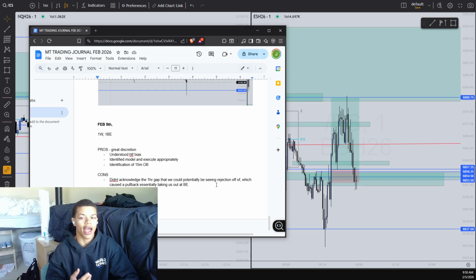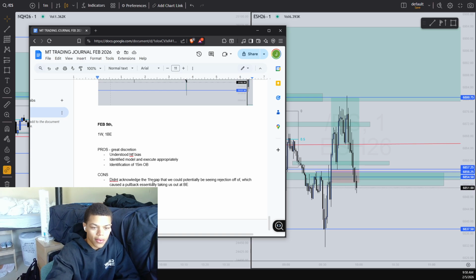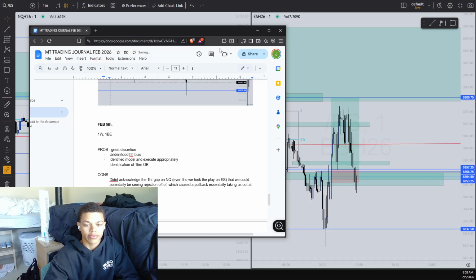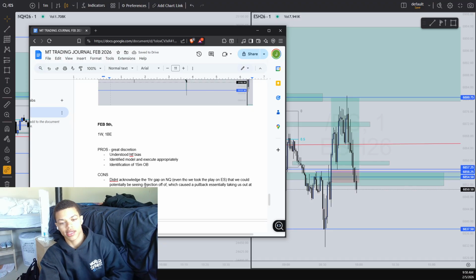But since it was that hourly that we were tapping on NQ, that was pretty substantial. NQ, even though we took the play on ES. Taking us out.